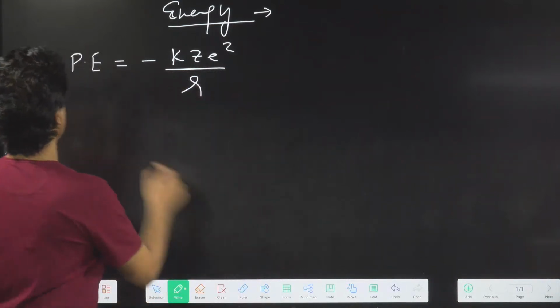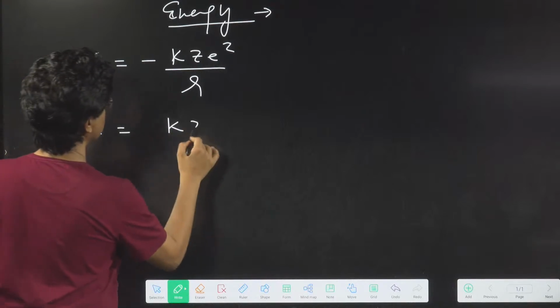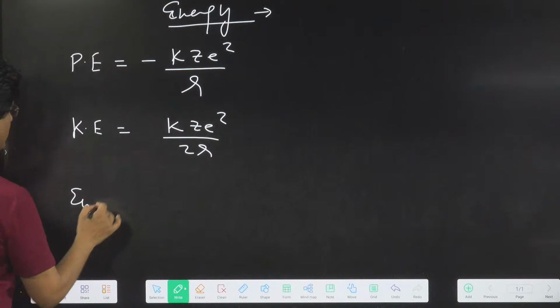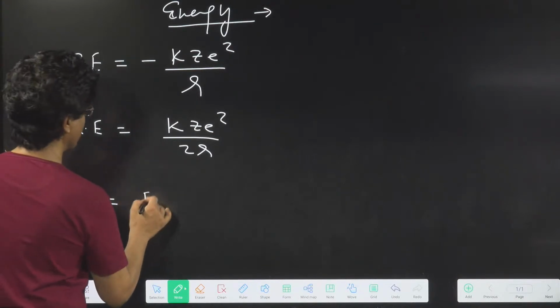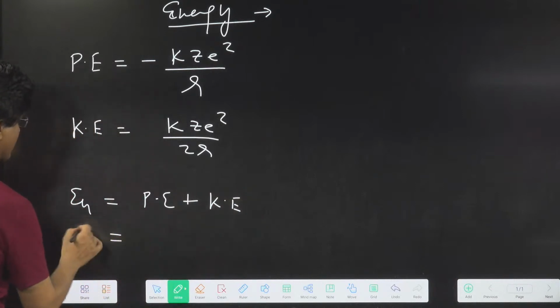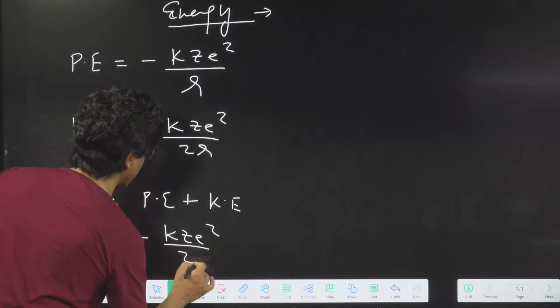Kinetic energy is given by K Z square upon 2R. Total energy En is given by potential energy plus kinetic energy. This is equal to minus of K Z square upon 2R.